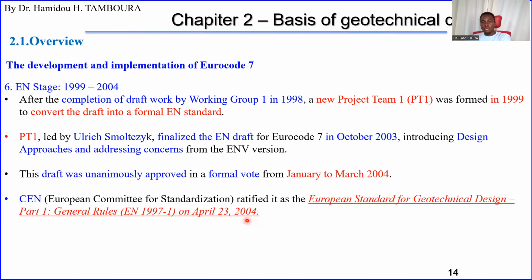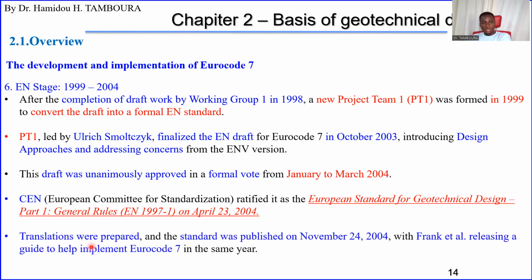The European Committee for Standardization ratified it, and the European standard for geotechnical design, this Eurocode we know now, General Rule 1, was ratified on 23rd April 2004. That's the date of ratification of this European standard for geotechnical design, meaning Eurocode 7.